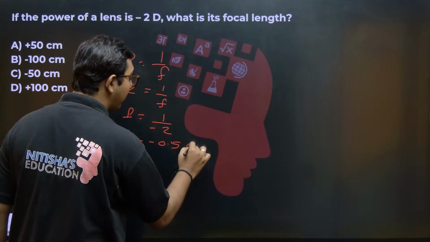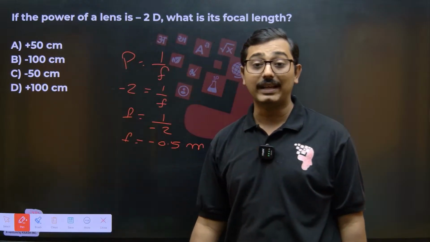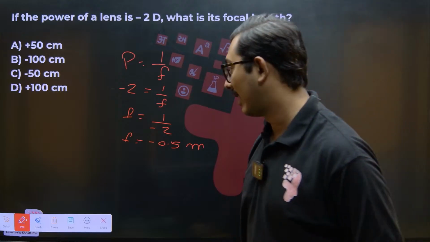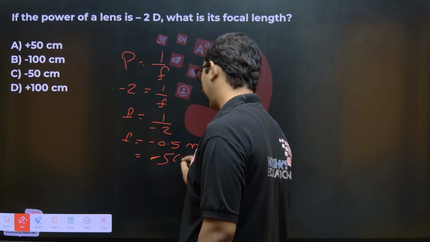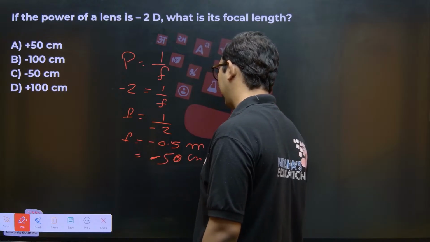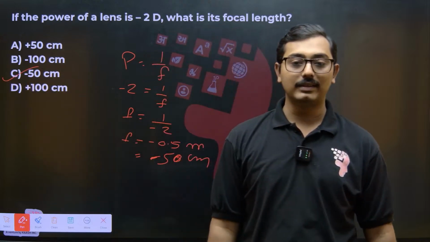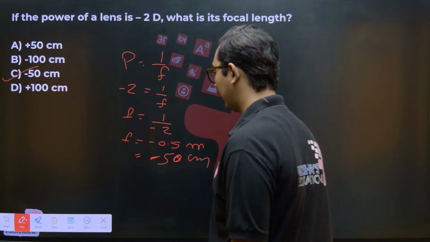It is in meters, and all the options are given in centimeters. So we have to convert meter into centimeter. We will get our answer as negative 50 centimeter. Among these options, option C is the correct one, which provides the answer as negative 50 centimeter.